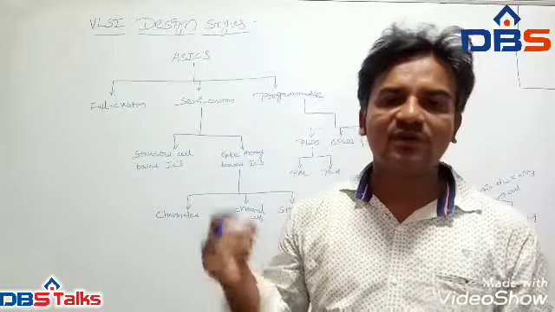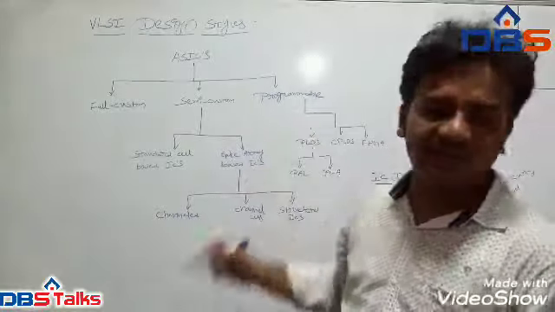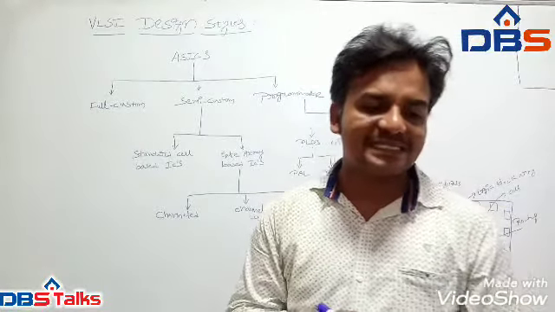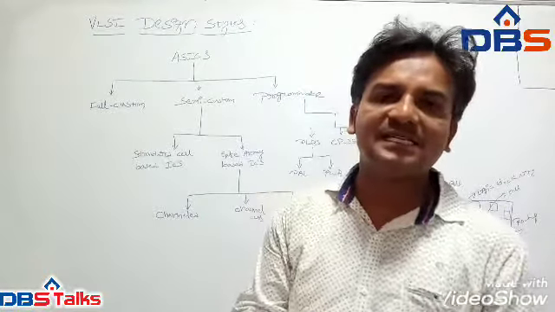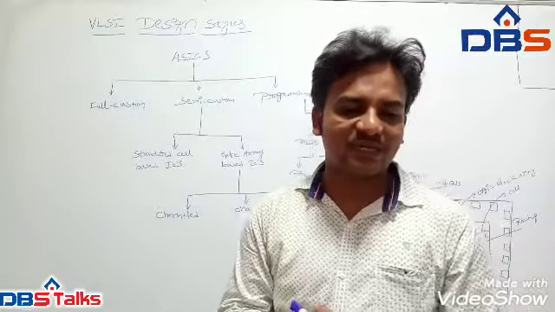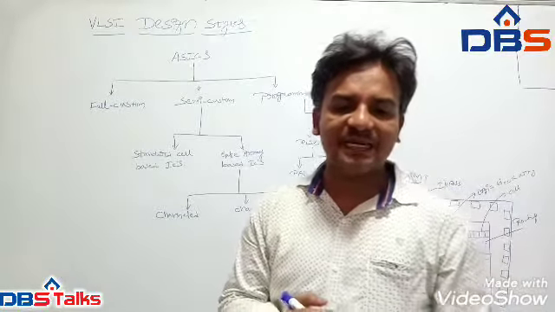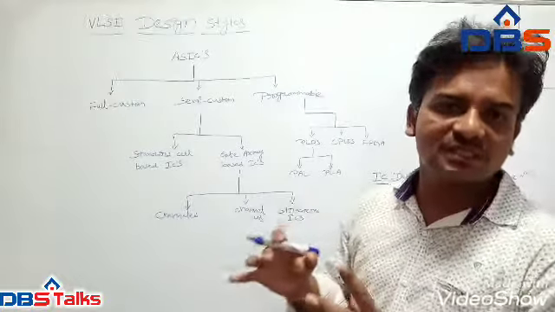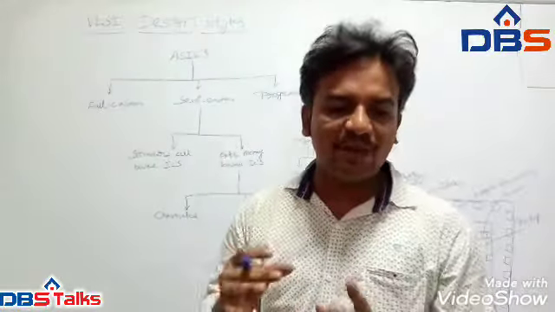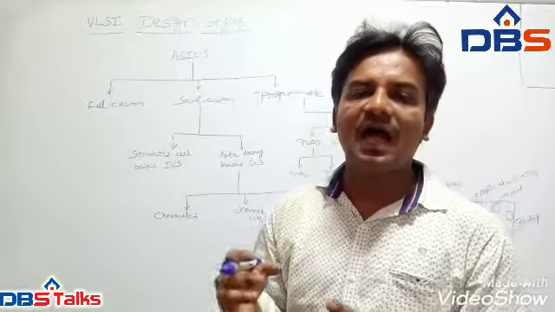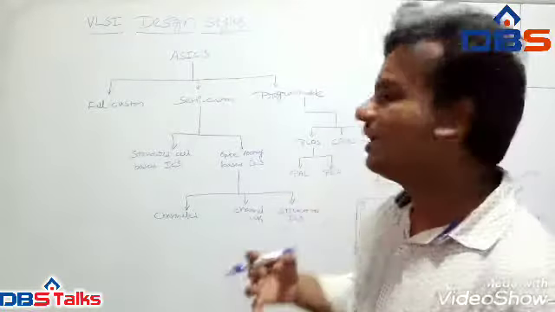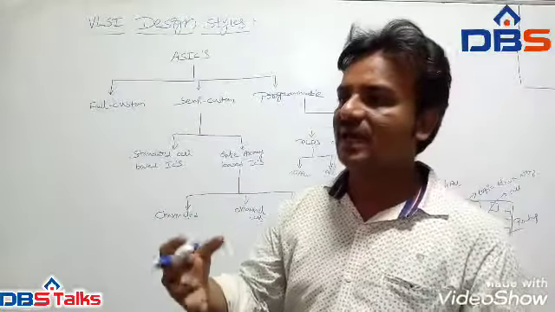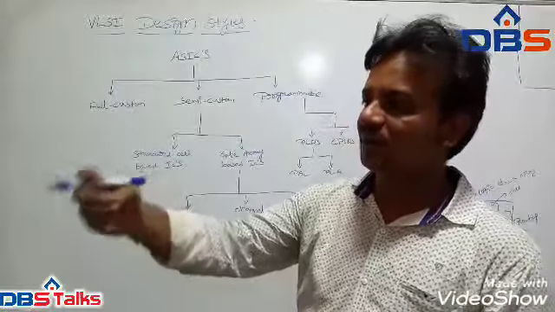Before going into each one, first of all we have to know the ASIC. What is an ASIC? ASIC, application specific integrated circuit, is a custom designed IC for a particular application, such as a processing unit for mobile phones, and it is useful for high volume production.